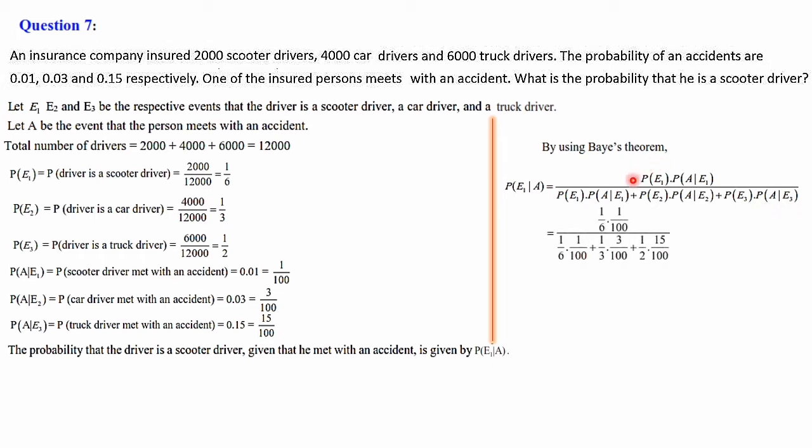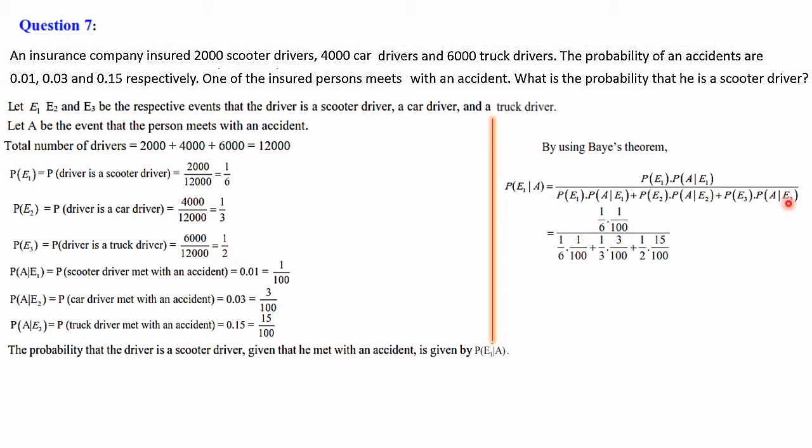P of E1 we have 1 by 6, P of A given E1 is 1 by 100. So 1 by 6 into 1 by 100. Again in the denominator, 1 by 6 into 1 by 100 plus P of E2, which is 1 by 3, and P of A given E2, which is 3 by 100. So 1 by 3 into 3 by 100 plus P of E3, which we calculated as 1 by 2.